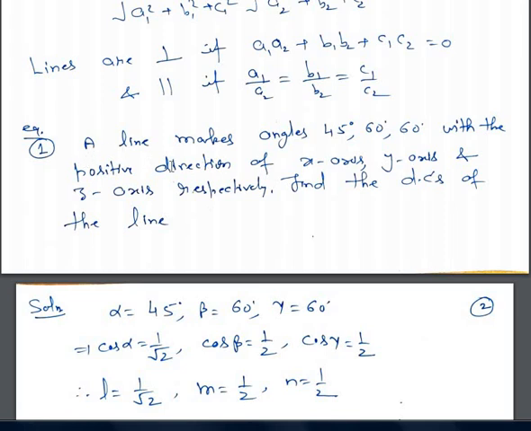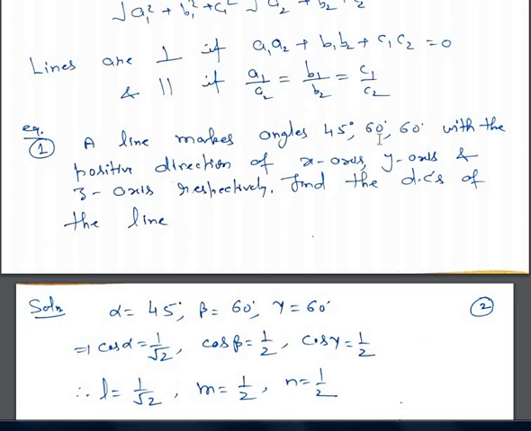The first example is a line makes angles 45 degrees, 60 degrees, 60 degree with the positive direction of x-axis, y-axis and z-axis respectively. Find the direction cosines of the line. Now this line makes 45 degrees with x-axis. That means alpha is 45 degrees.